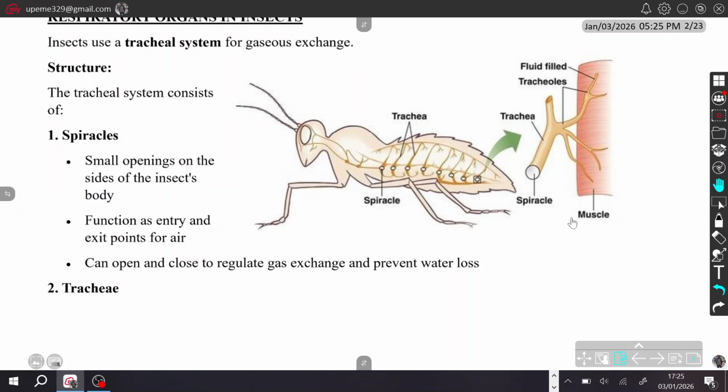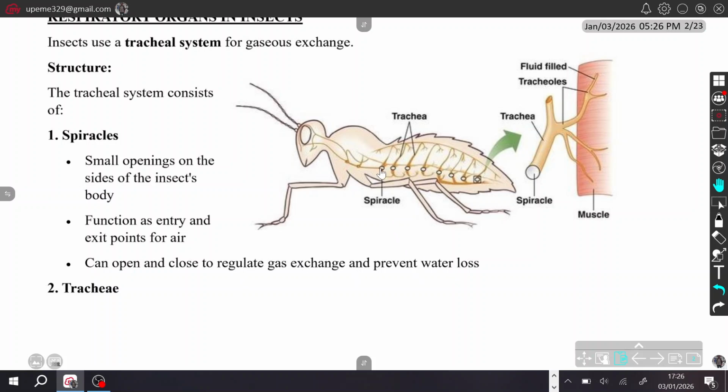Here zoomed in, this is how a spiracle would look. It has a hole inside for entry and exit of air. So this is a part of the tracheal system. Then they can open and close to regulate gas exchange and prevent water loss.